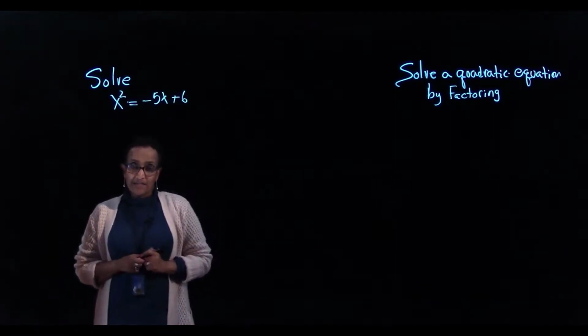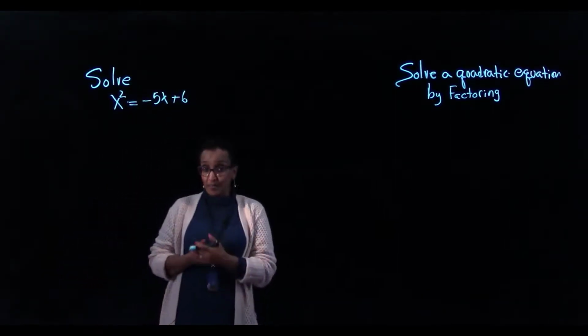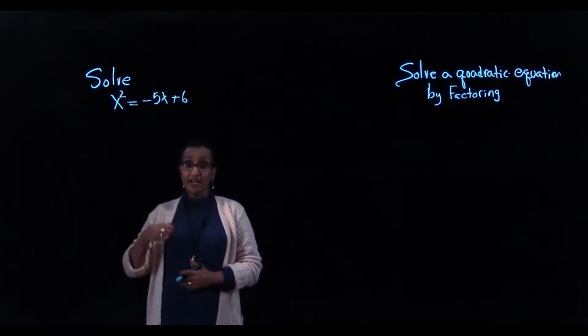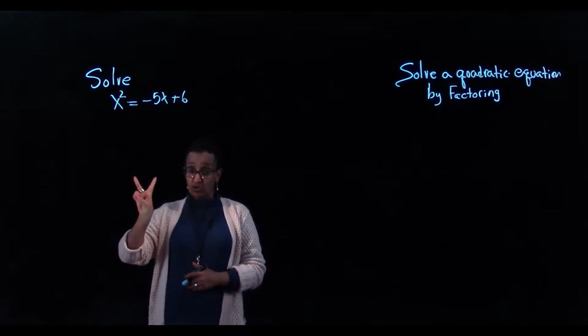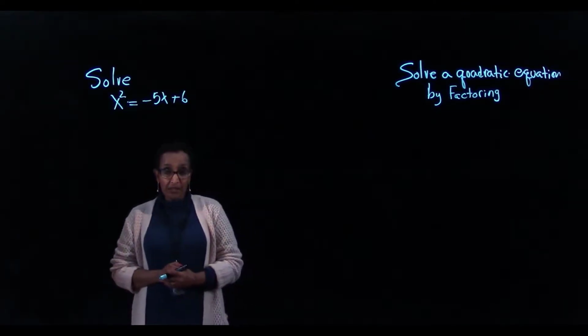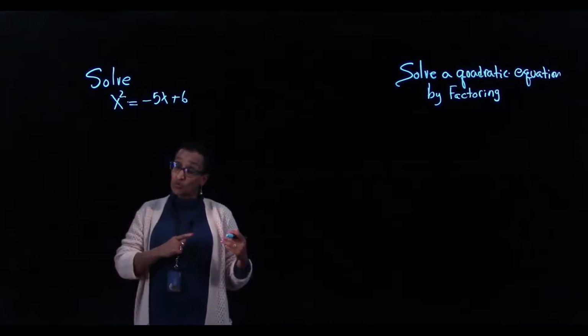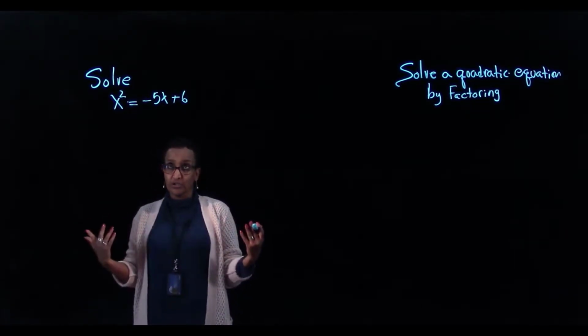Let's say I have this, and in the past few days we've talked about how a quadratic equation can have at most two solutions, and that means it may have two different solutions, one repeated solution, or no real solution.